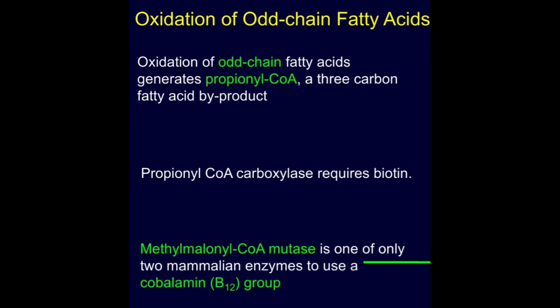So as such, odd chain fatty acids can be a source of carbon skeleton for the synthesis of glucose, unlike even chain fatty acids that cannot. So in summary, B12 is needed by one enzyme required for odd chain fatty acid metabolism, as well as these four amino acids: methionine, valine, isoleucine, and threonine. Okay.